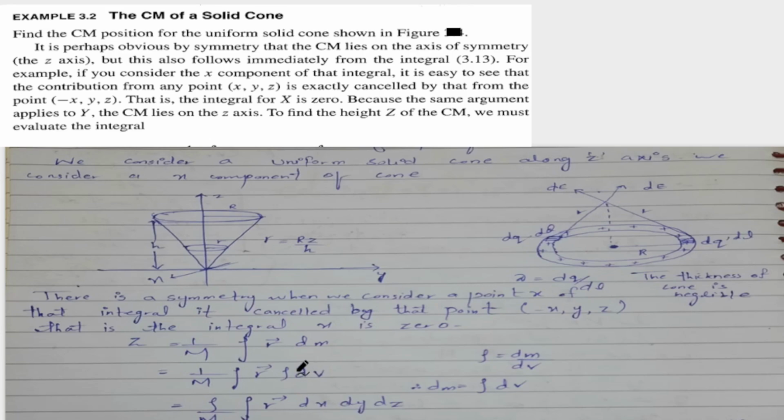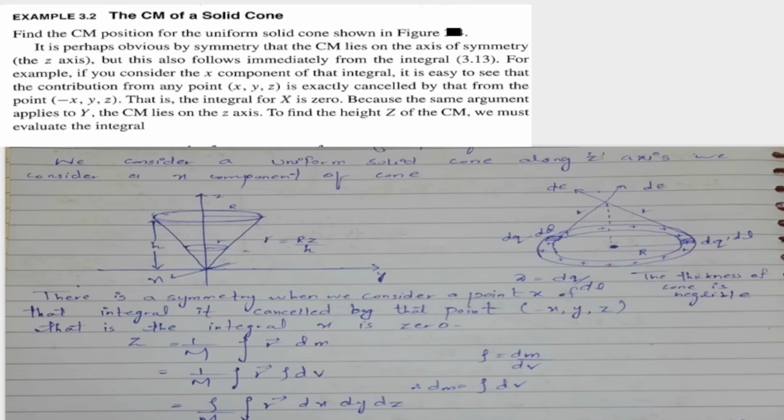And dv is equal to these terms, and the volume is obviously along the three-coordinate system. After integrating separately in the individual unit vectors, you can see this is the x unit vector value, this is the y unit vector, and this is the z unit vector component.